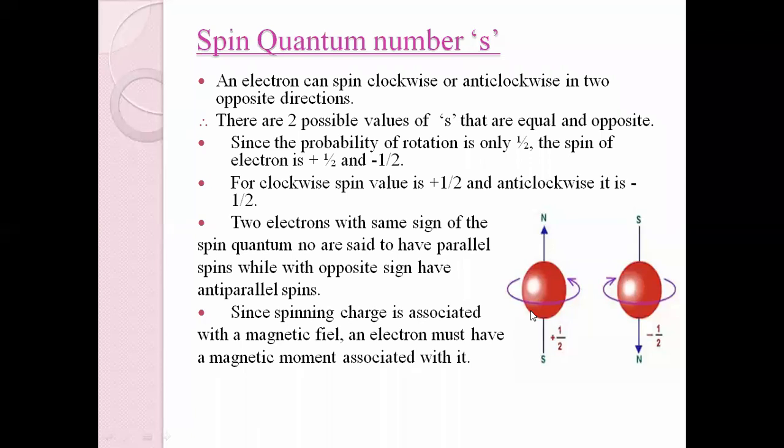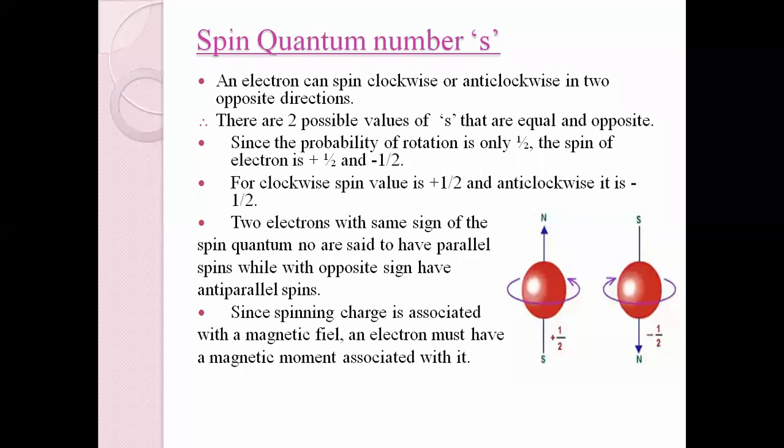So these plus and minus, we can also call them parallel and anti-parallel spins. When we speak about parallel spin, we say it is plus half. When we say it is anti-parallel spin, then it is minus half.